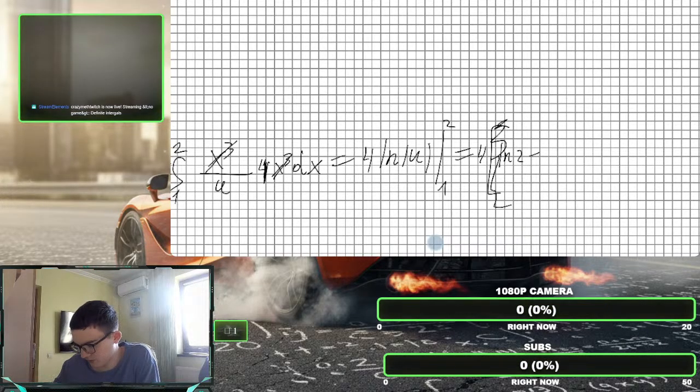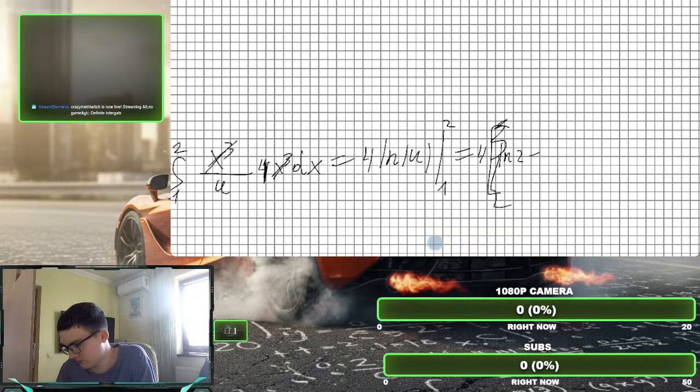So now checking, this is exercise number 16. Going where I was there. Alright. I was here. And the result is 1 divided by 4 ln of 2.